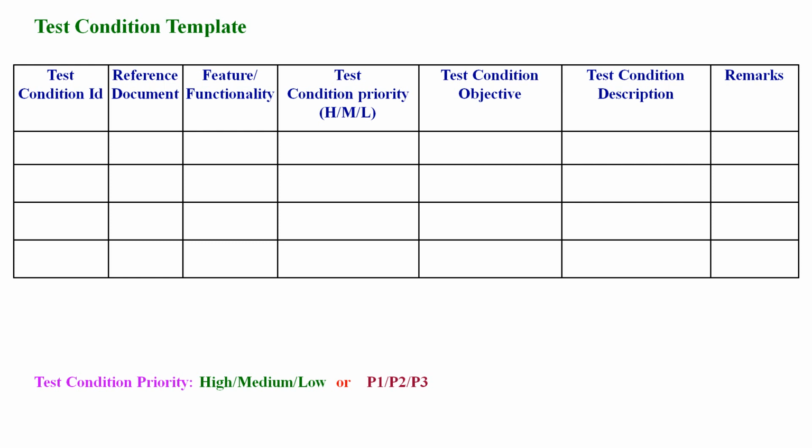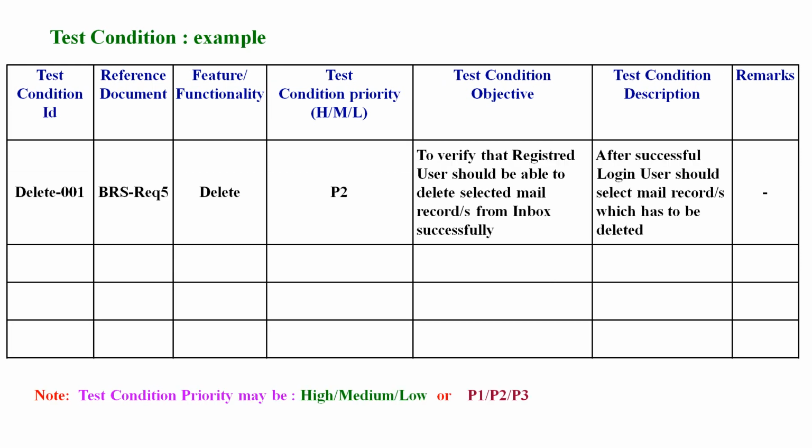We will take one example and we will explain. Now, see, this is a test condition example. Test condition ID. Now here, for each and every test condition, there will be an ID number. This ID is unique, right?